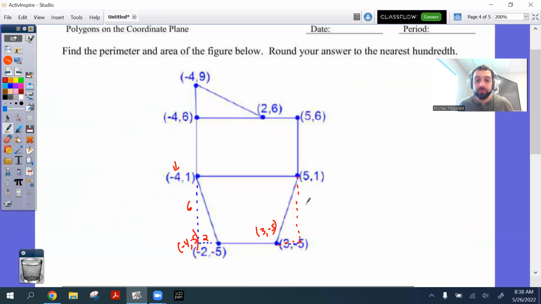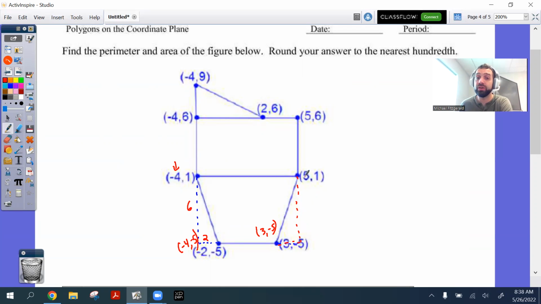If I'm at 5 and I'm going down here, I'm staying at this 5 as the x coordinate. If I'm going straight down, I'm not moving left or right.